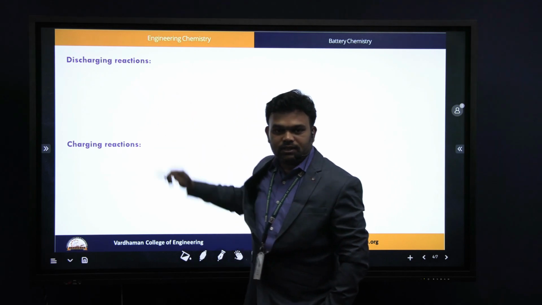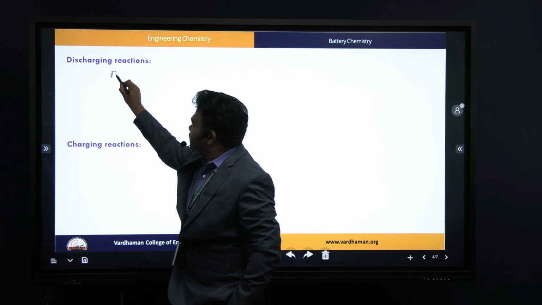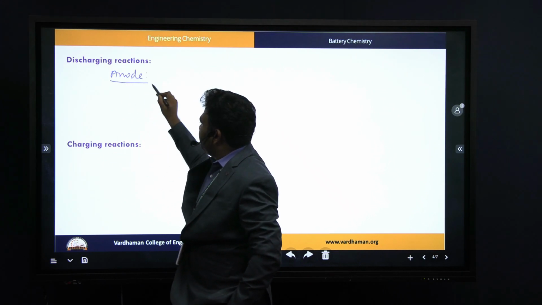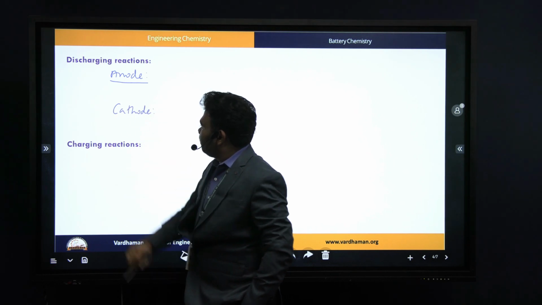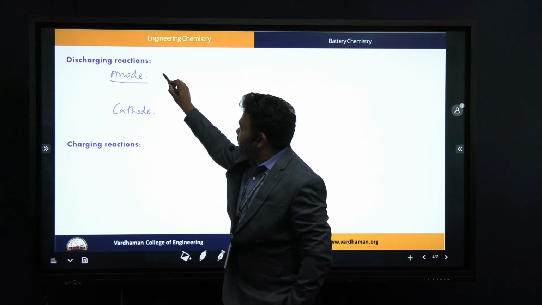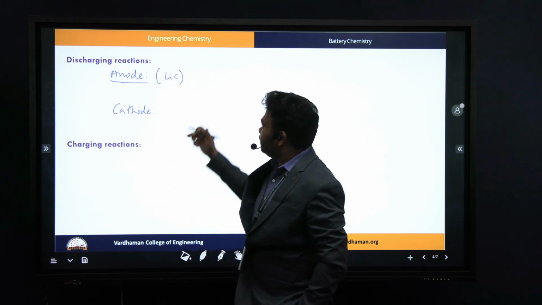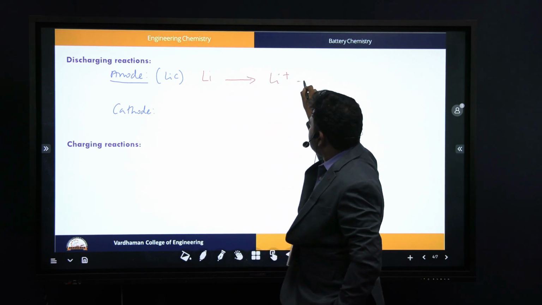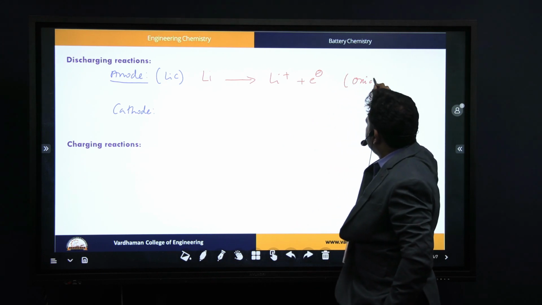As this is a secondary battery, first we understand the discharging reactions, which take place at the anode and at the cathode. First, the anodic reaction: as discussed, lithium carbon acts as the anode. The reaction is Li gives rise to Li+ plus an electron. We call this the oxidation reaction.